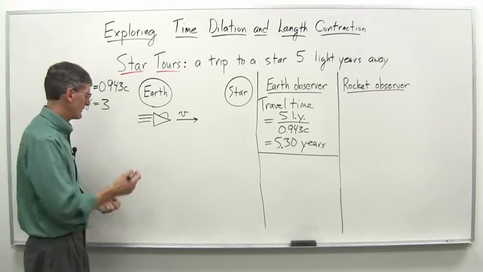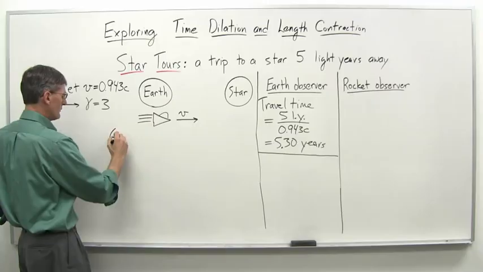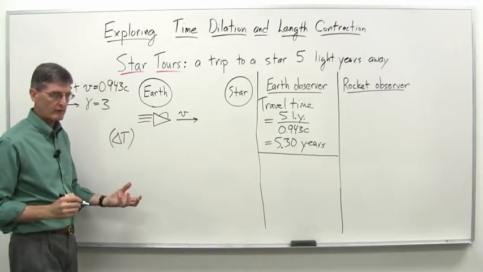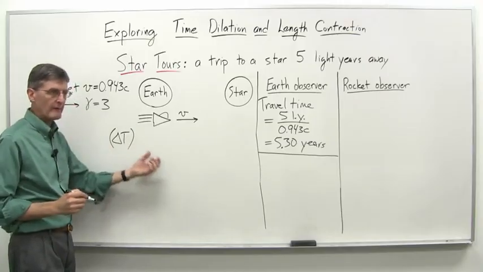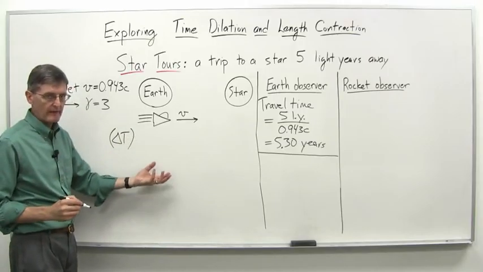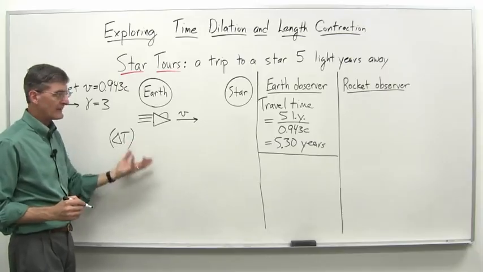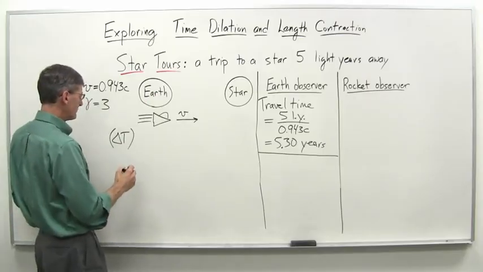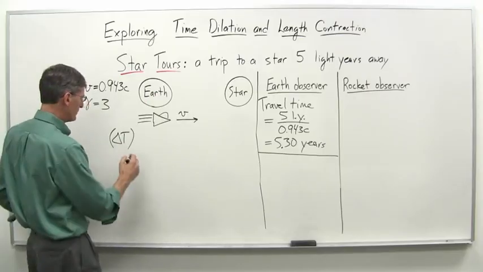Remember, our basic equation, we've written it in different ways in terms of Alice versus Bob, moving versus rest frame. Here maybe we'll do rocket and lab frame, where the lab frame is the Earth-star system. Or actually, let's just call it the Earth frame.